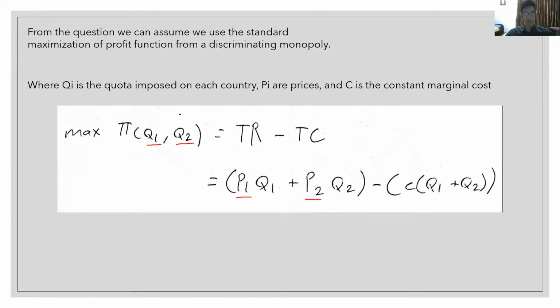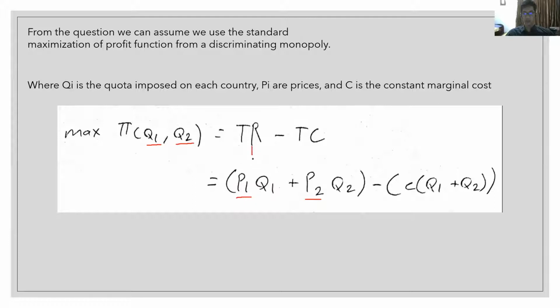So here we see the function that we obtain is the profit function, where pi is the profit. Pi of Q1 and Q2 equals TR, which is total revenue, minus total cost, which makes sense because profit is total revenue minus total cost.